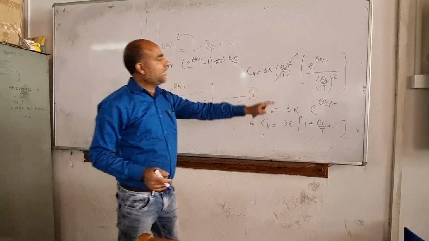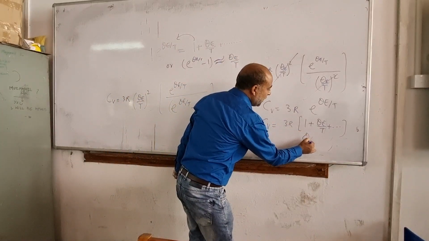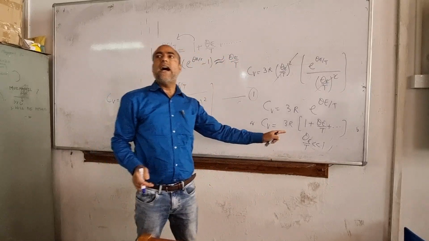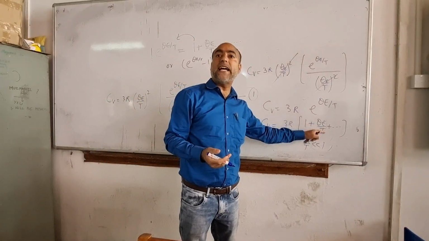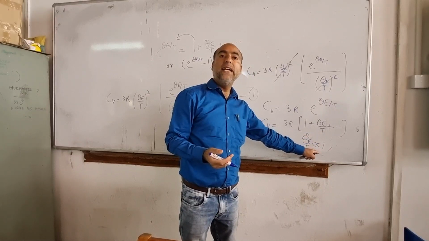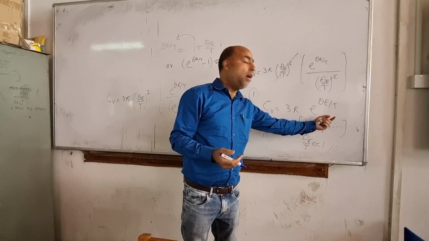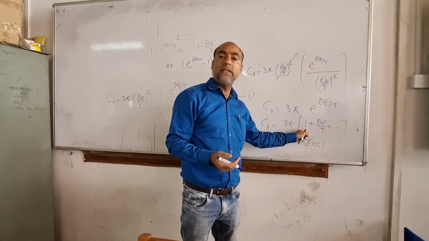We have given the assumption that at high temperatures theta_E by T is very much less than 1. That means the terms on the right-hand side of 1 can be neglected in comparison to 1.